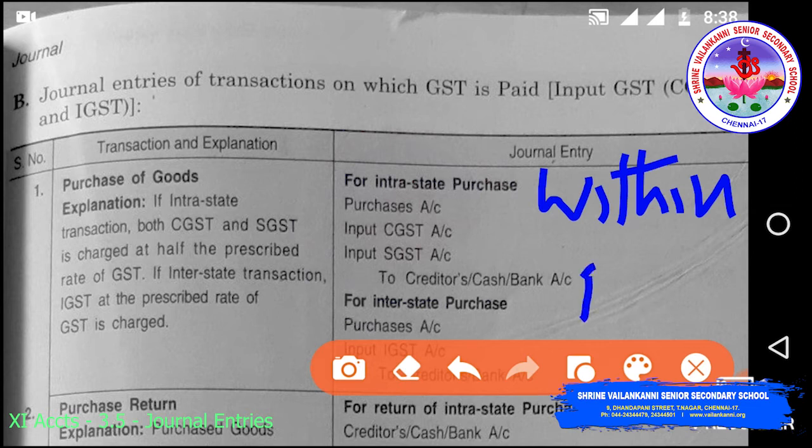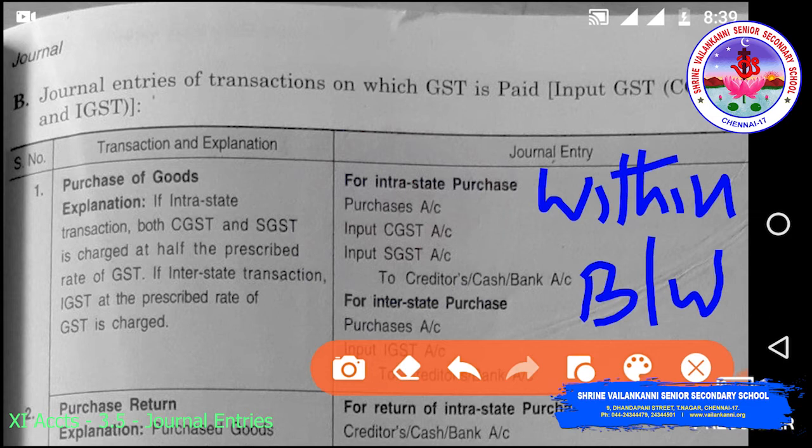Inter is between state. So, intra is within state, that is between transactions within Chennai, Madurai to Chennai, or Puducherry. If it is Puducherry, then you would include UTGST because it is a union territory. If other, say Salem and Cuddalore, all these transactions will attract intra-state purchase. So it will be input CGST, input SGST.